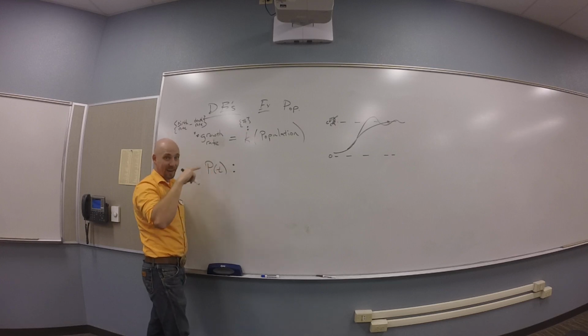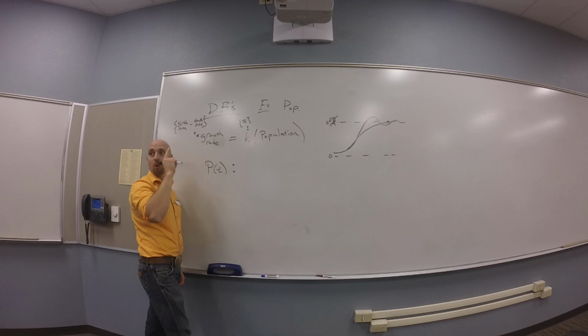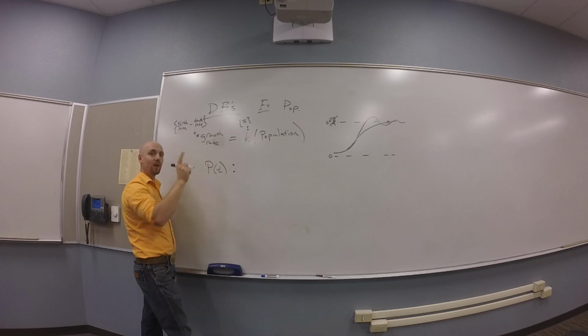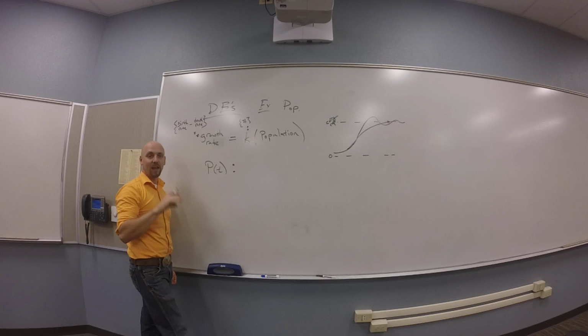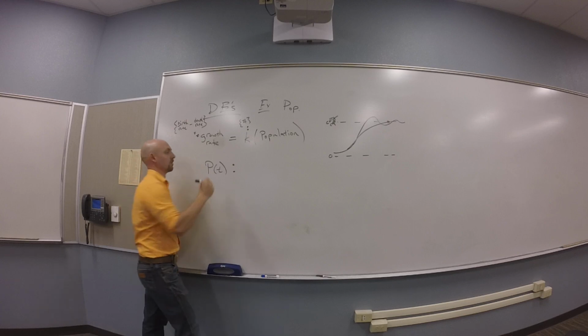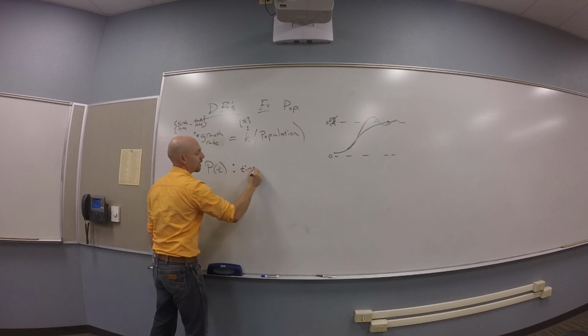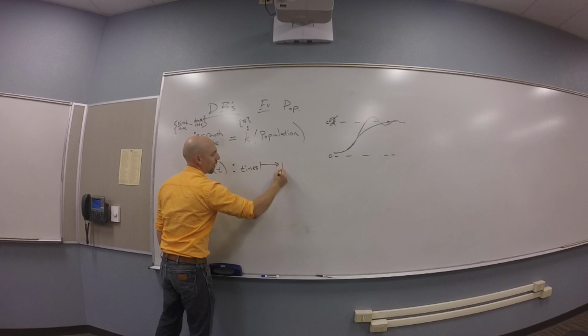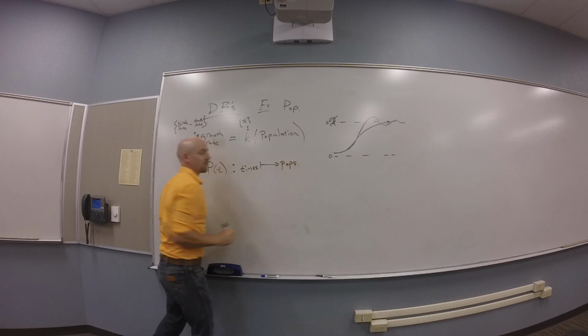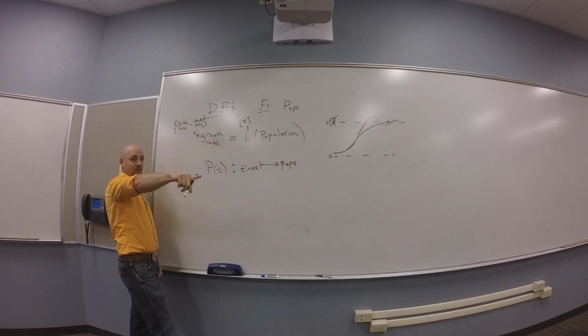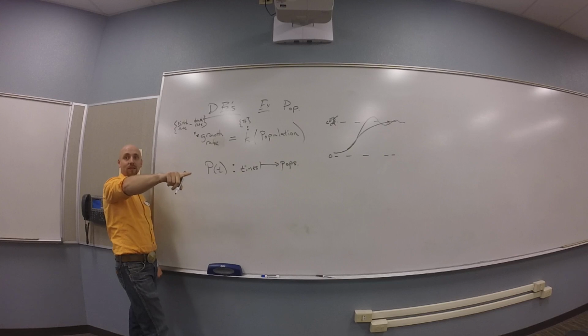Sorry, back out of the growth rate for a second. What is p of t fundamentally? What is that function doing? It takes time and gives you how many people. Yeah, that thing takes time and turns it into a population. So that's going to be a function from times to populations, right?